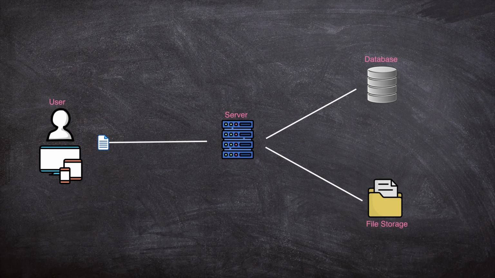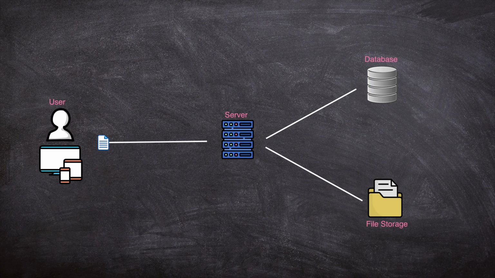Then we have the database. This is where we store metadata about the files. That includes things like who uploaded what, where the file is stored, when it was last modified, and how big it is. We usually use a relational database here, something like PostgreSQL or MySQL, because it handles structured data really well. Finally, file storage. The actual file content, your photos, documents, videos, is saved in this file storage system.